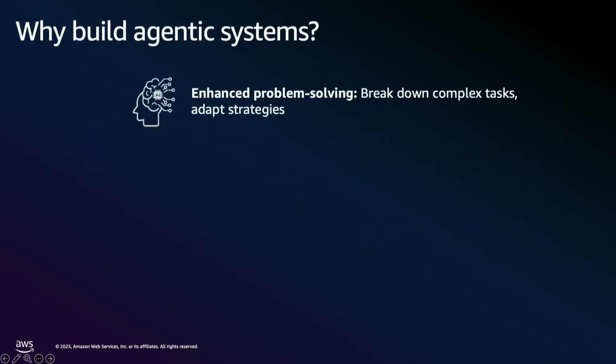So now that we know all of this, why should you build an agentic AI system? Good question. I've gathered four main reasons for you. The first one is how it will help you solve complex tasks.